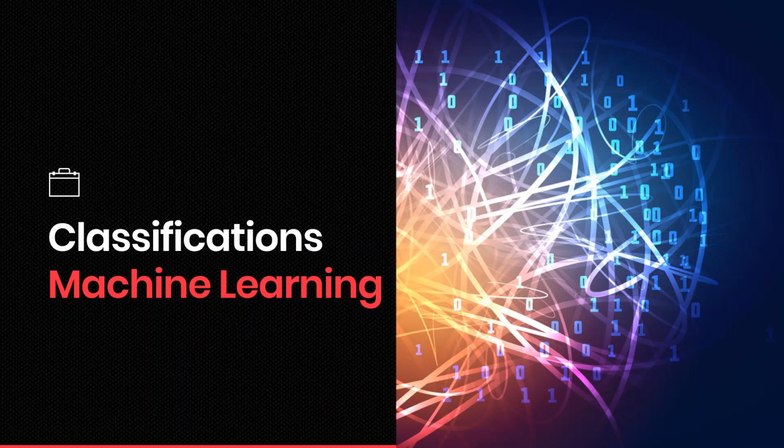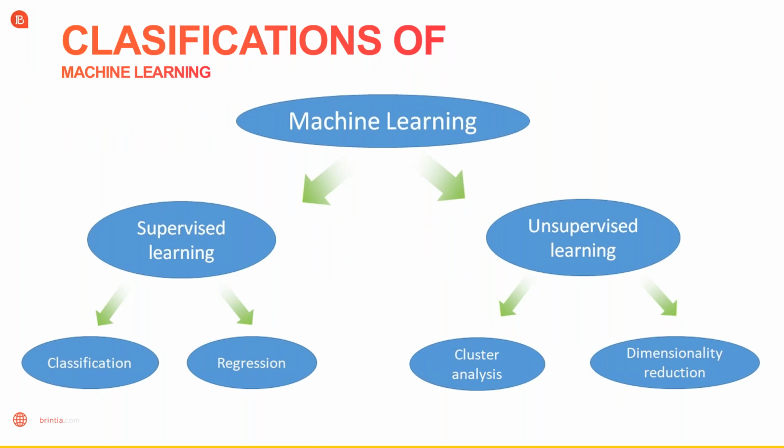Classification of machine learning. Machine learning has two kinds of learning. The difference is that supervised learning needs labels to calculate, and with unsupervised learning it is not necessary.